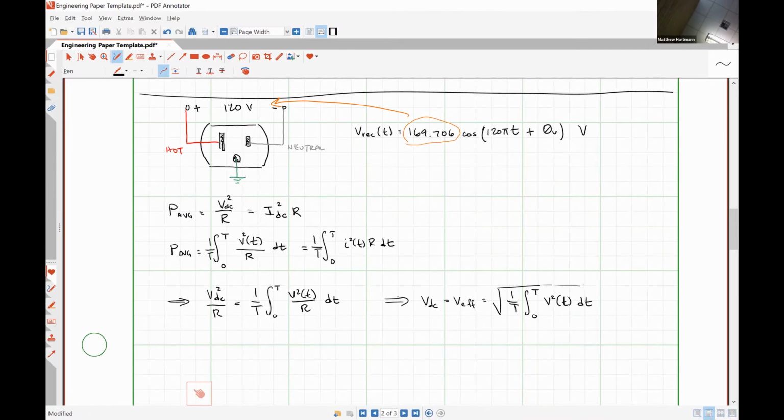So the effective value is simply the DC value that supplies the exact same amount of power to an arbitrary resistor as that voltage waveform v of t.